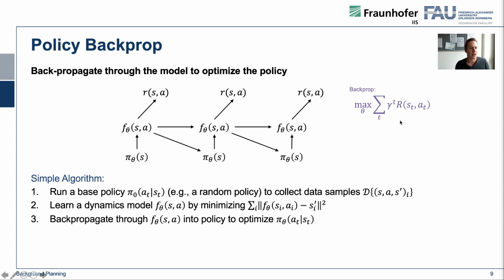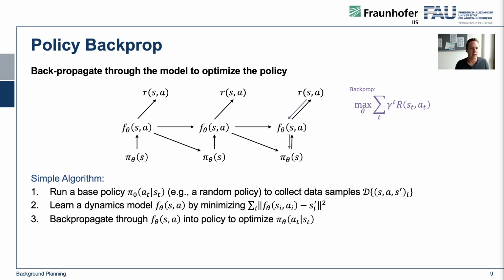We can just run a baseline policy, an initial version of pi, which could be a random policy, and collect data samples D. From there, we learn a dynamics model f phi by minimizing a mean squared error on this data. And then we can backpropagate through the model to actually optimize our policy.